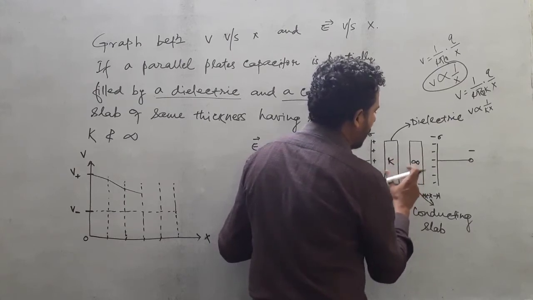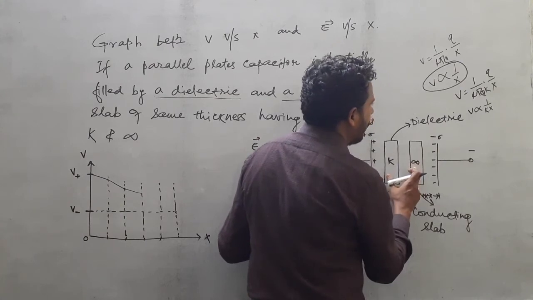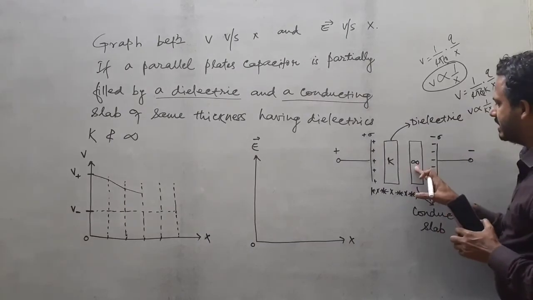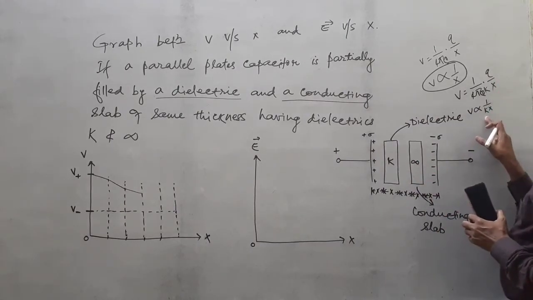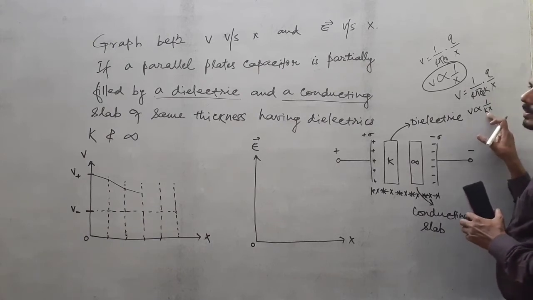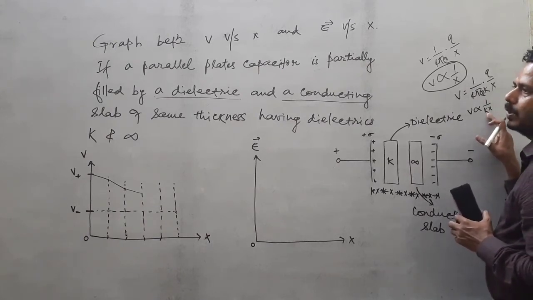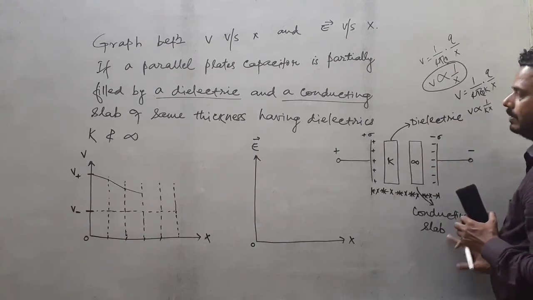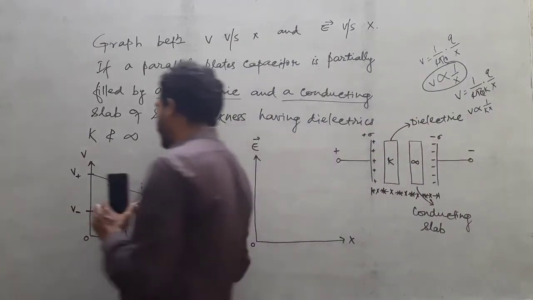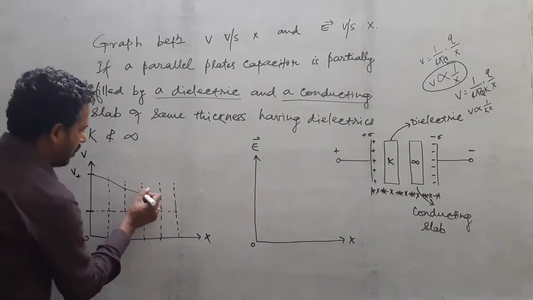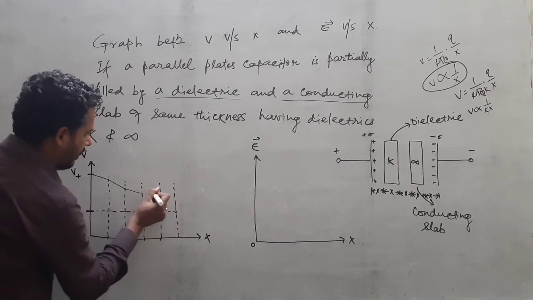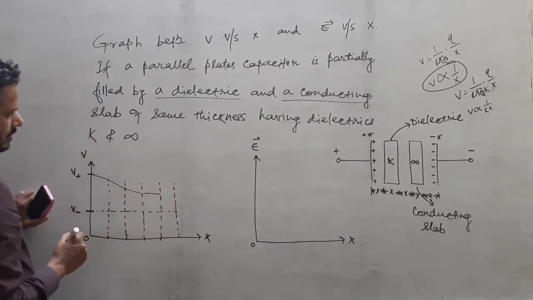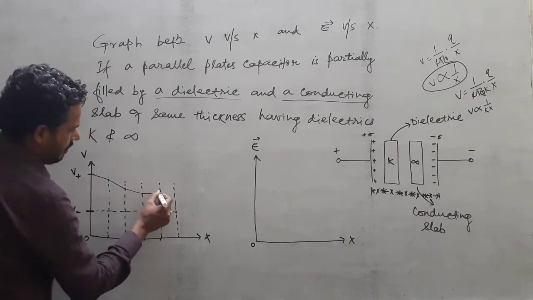So in place of K, when you put K equal to infinite, something divided by infinite means the potential will be 0. So there is 0 potential for the conducting slab, V will be 0. For 0 potential, you need to draw a line parallel to the x-axis.